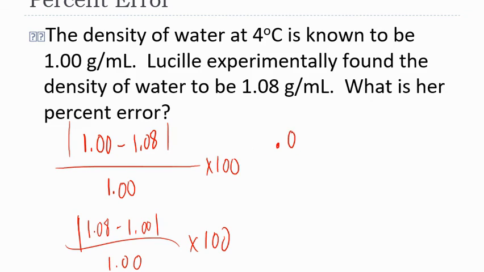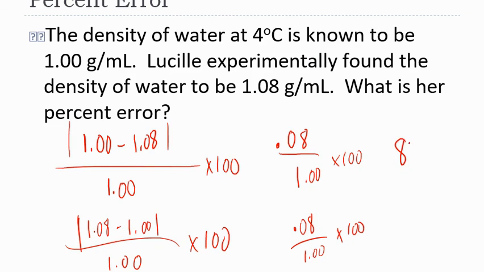It's going to be 0.08 because it's absolute value. So I tell people to think of it as putting the bigger number first. So when you're subtracting, you always end up with a positive number. And then that'll take that out of absolute. But your accepted value always has to be on the bottom. Okay? So her percent error ended up being 8%.